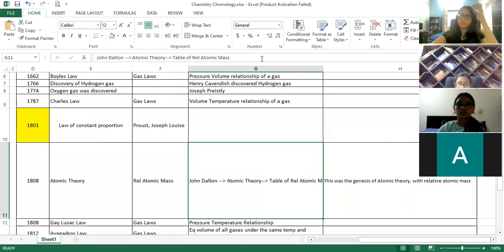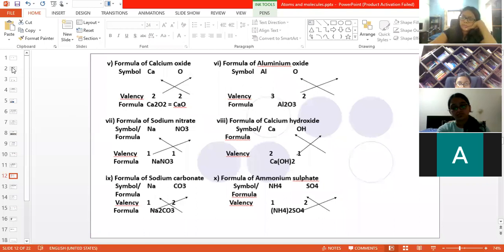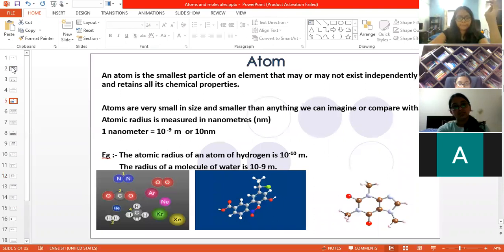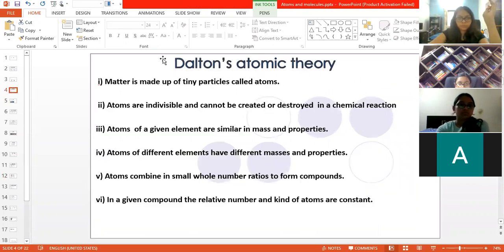Do you guys know what Dalton's atomic theory is? I think you should be knowing. Yes, sir. If you want, I can just quickly show you that slide. This is what it is. Advika, can you quickly read out the 4 or 5 postulates of Dalton's atomic theory?